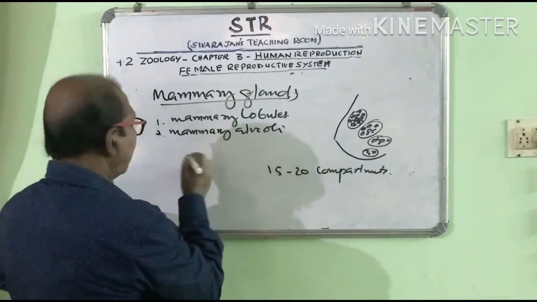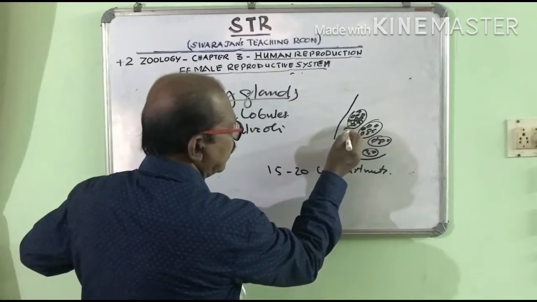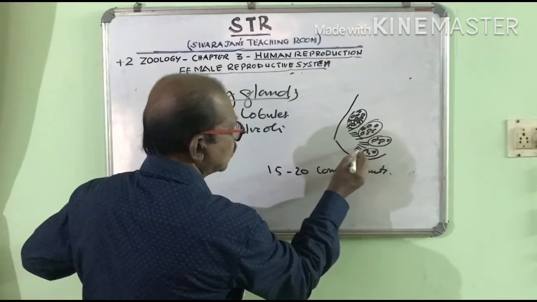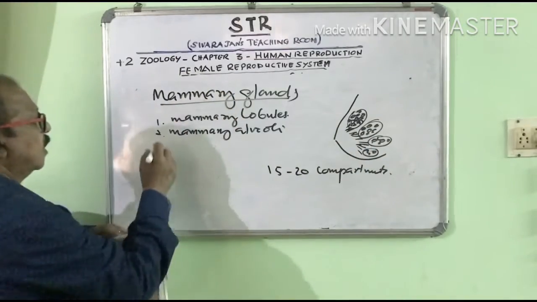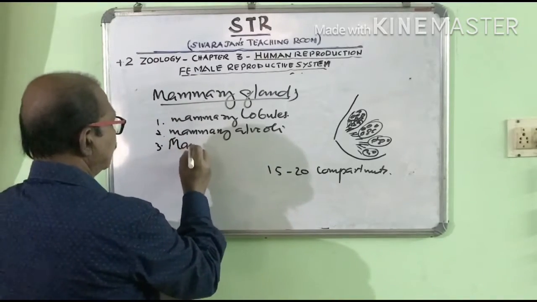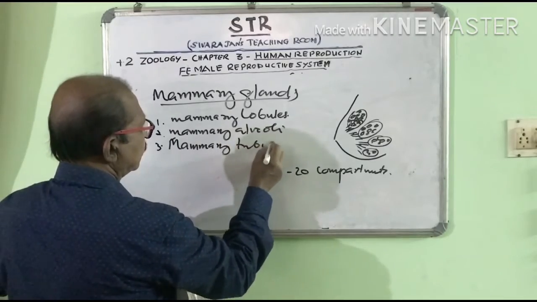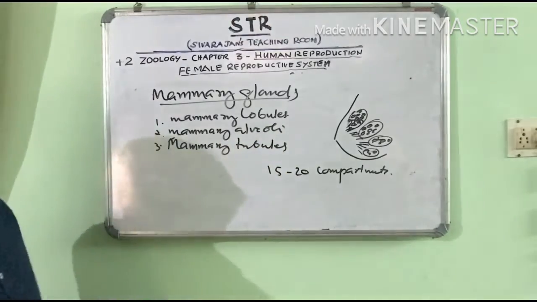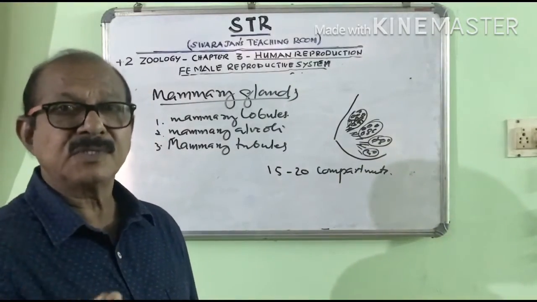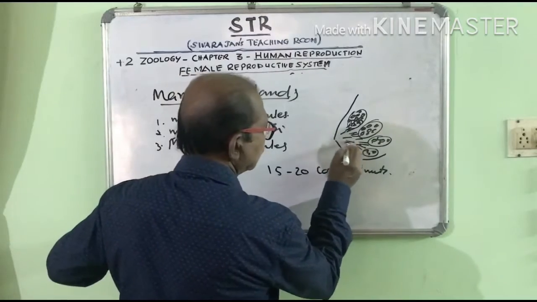And the mammary alveoli lead into minute tubes called mammary tubules. And many mammary tubules join together and become still bigger tubes.